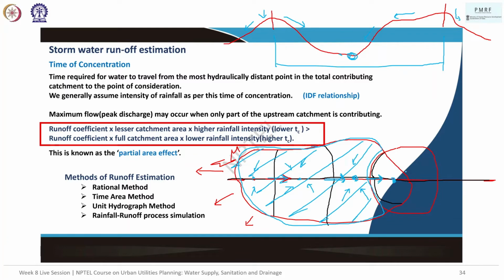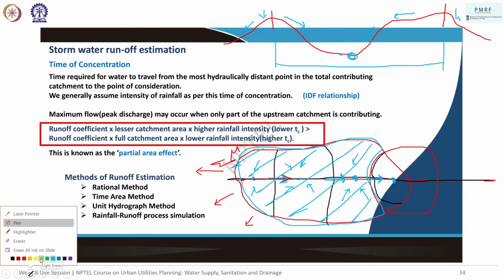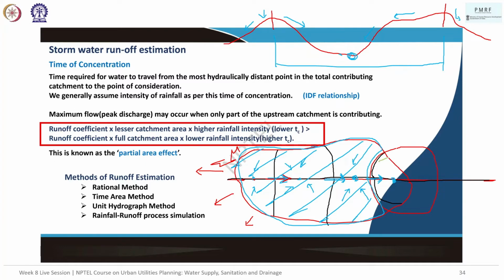And you have this tiny part, I'm going to use another color just for representation, and you have water flowing from this region as well into this point, right? So what would our expectation be?